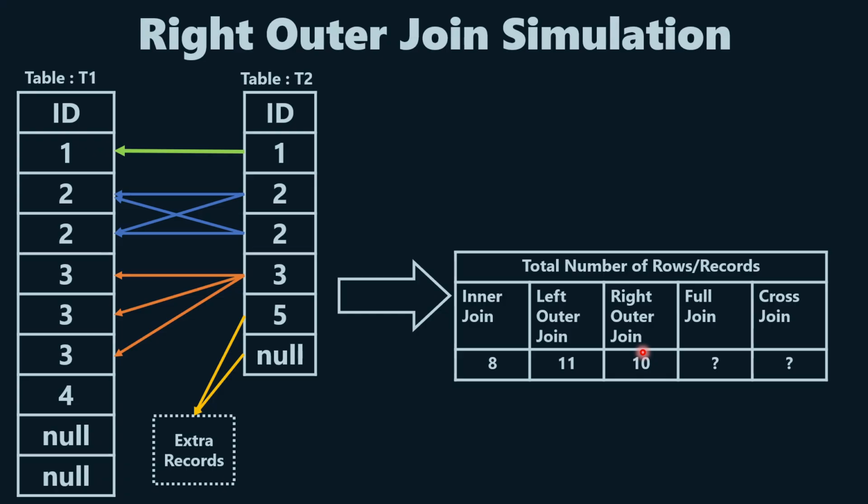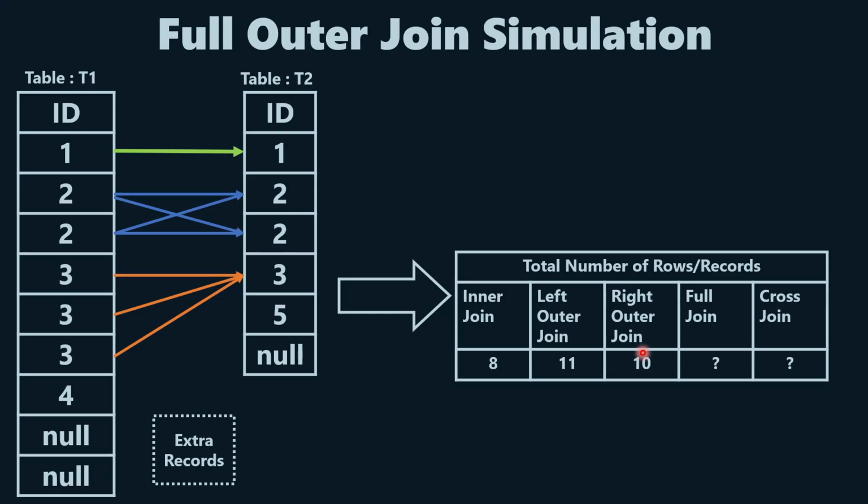Now we'll see the full join. Full join means all the matched records from T1 and T2, and the extra records from T1 as well as T2. So this is the one extra record from T2, and this is the null, because please note that null equal to null is always false.